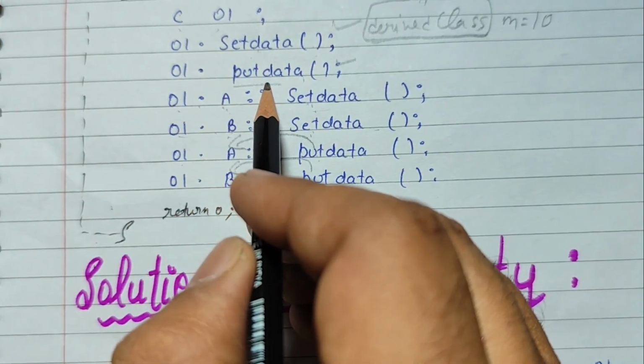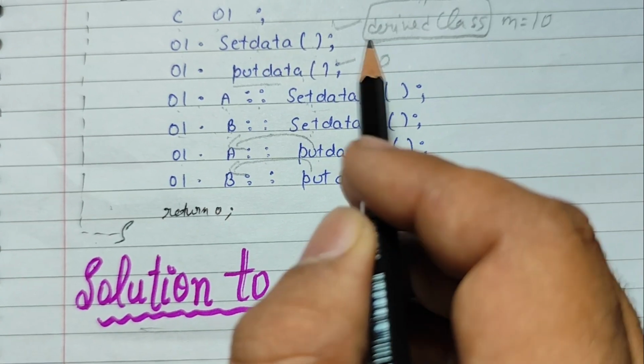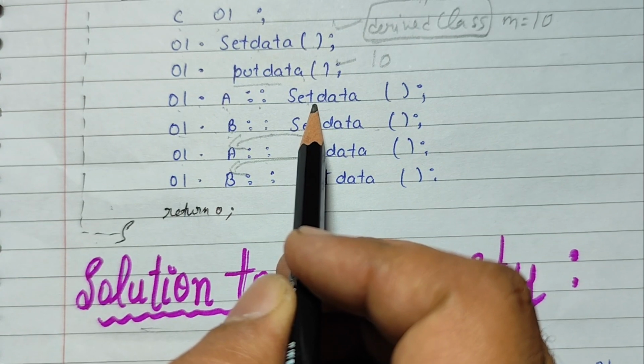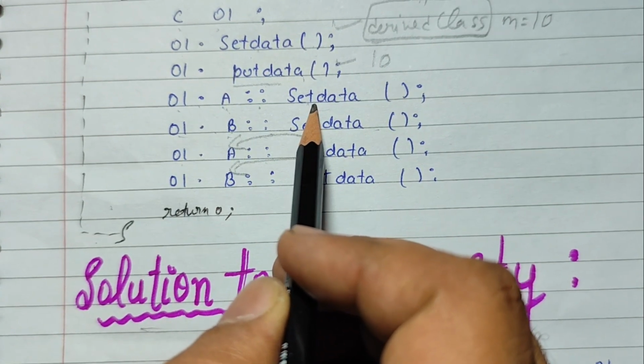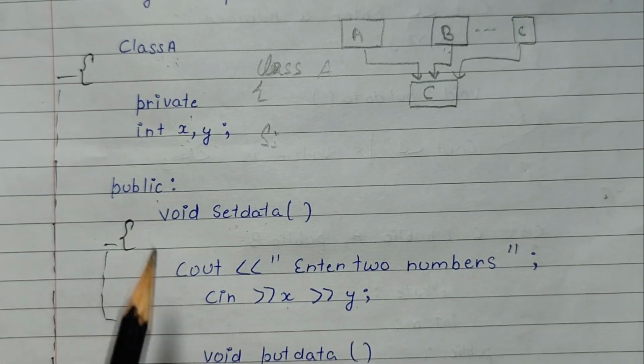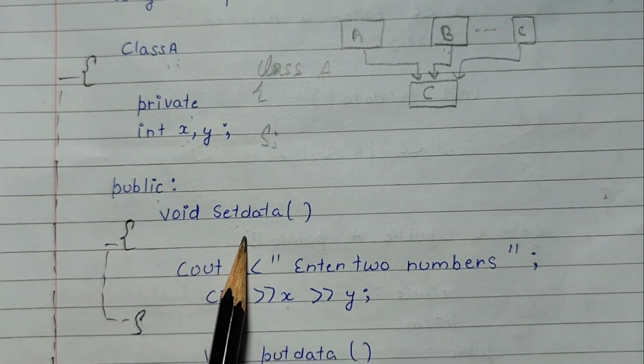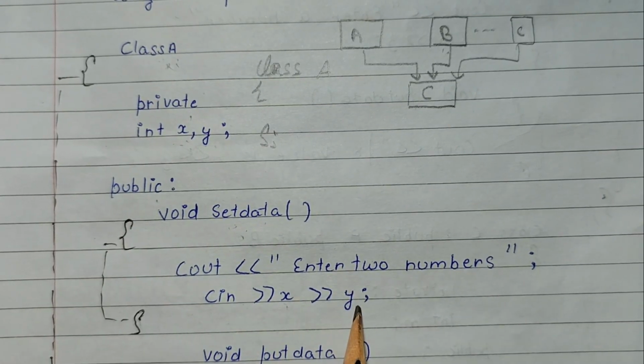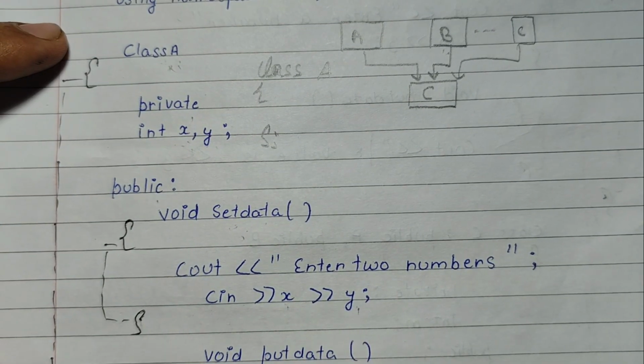Then o1 dot put data, it means 10 will display. After this, o1 dot A set data member function is called. When the set data member function of class A is called, we enter the values in the x and y variables. It means here we enter the values 20 and 30.